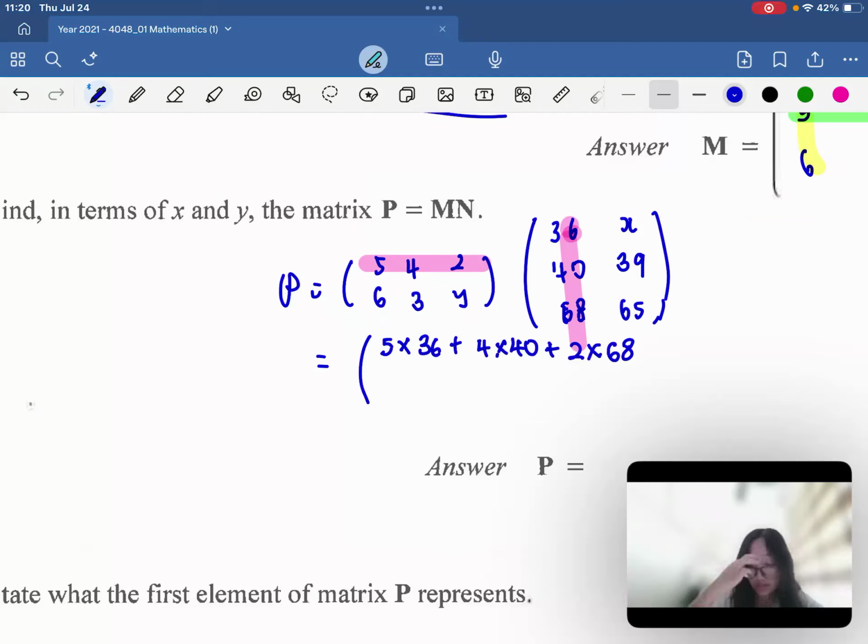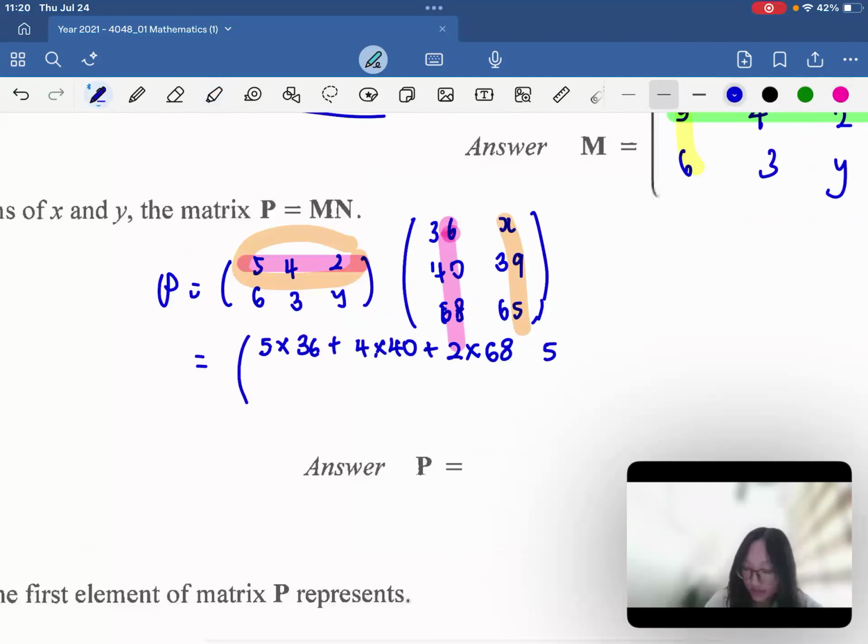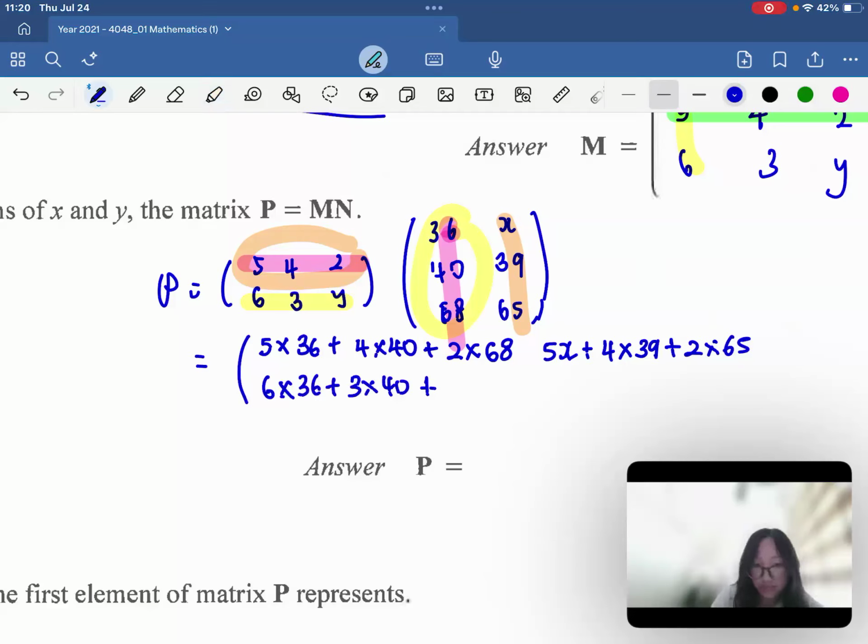Let me use my, it will be here and here. Right now, so 5x plus 4 times 39 plus 2 times 65. And then the next one would be here in yellow. So it will be 6 times 36 plus 3 times 40 plus 68y.